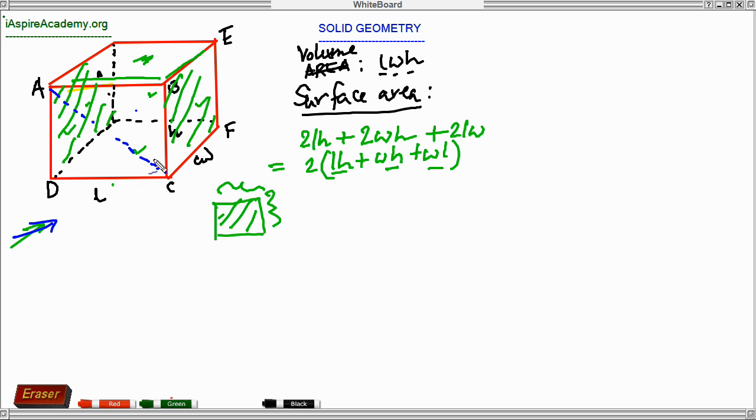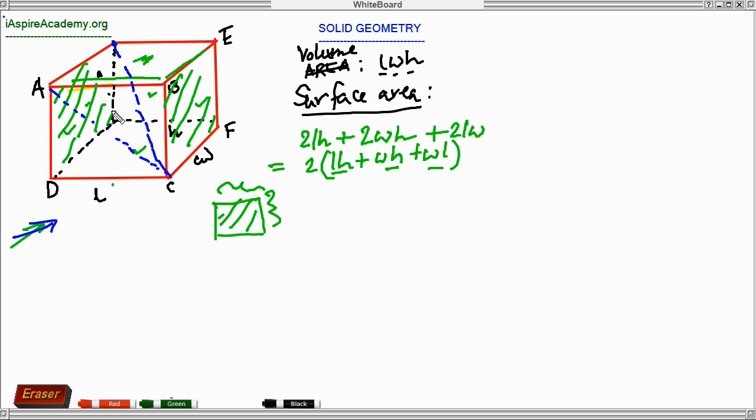Each of the surfaces has similar diagonals. We did these diagonals in plane geometry, but for a solid you have another diagonal which comes from this corner and goes to this corner. This is called the long diagonal of a rectangular solid.